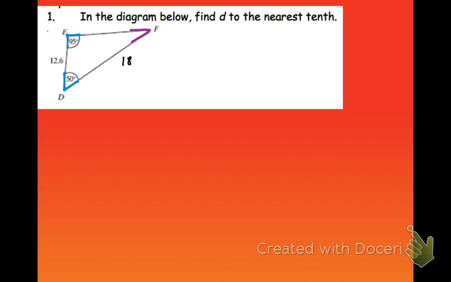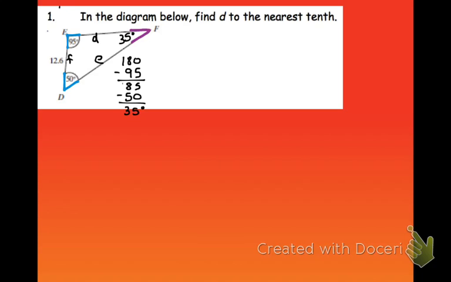So we can do 180 minus 95, which is 85, and then minus 50, which gives us 35 degrees. So angle F is 35 degrees. And then what I would do is I would just go ahead and label the sides. So this is side F, this is side E, and this is side D, because they're across from those angles.